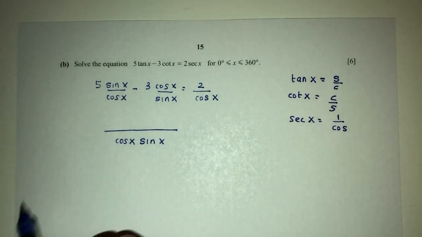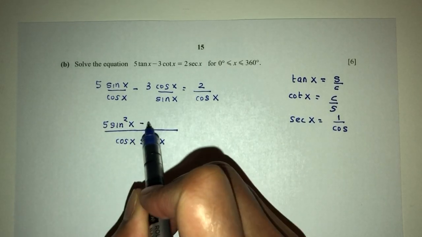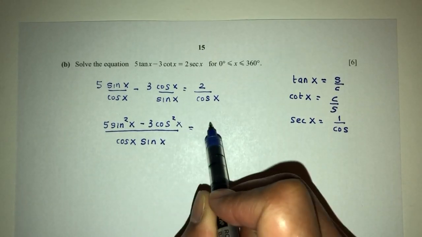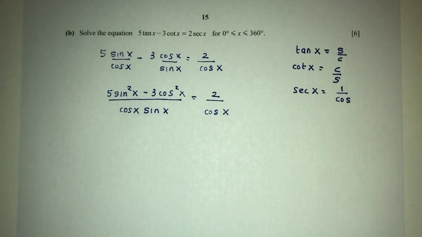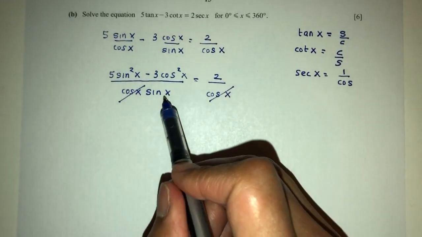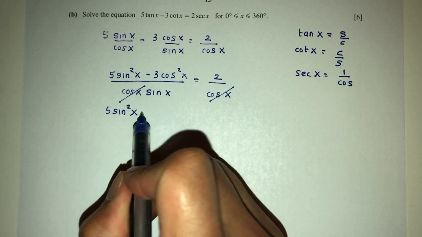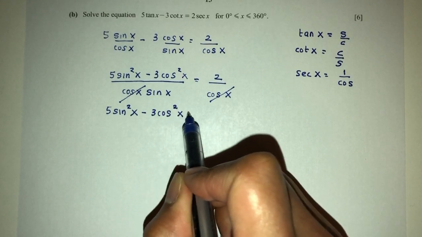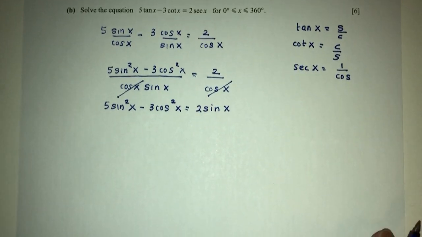Then we cross multiply, so 5 sin square x minus 3 cos square x, equal to 2 over cos x. Now simplify, these will cancel out, and we can send this over here. You will have 5 sin square x minus 3 cos square x equal to 2 sin x.